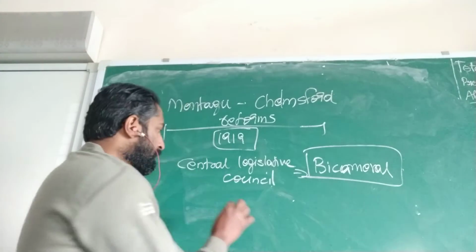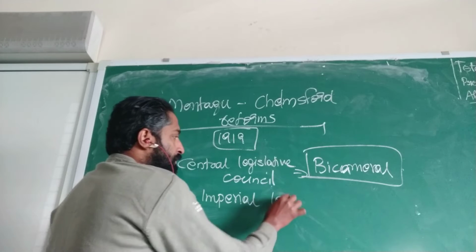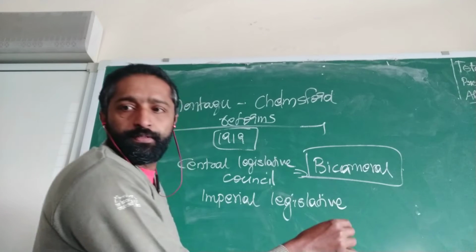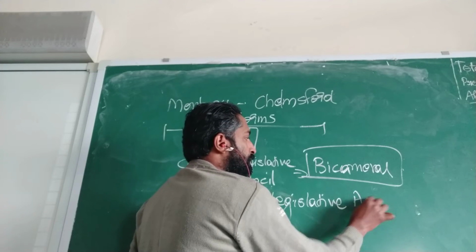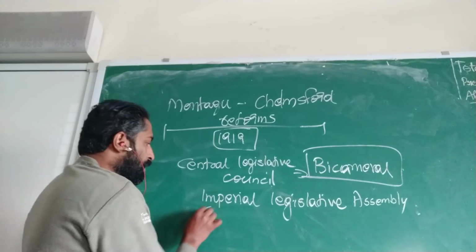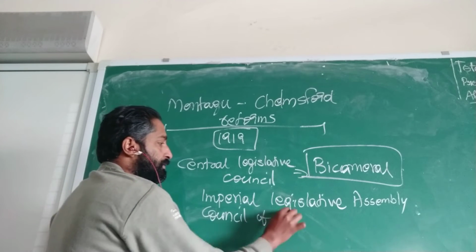The first one, the Imperial Legislative Assembly, and the second one, the Council of State.